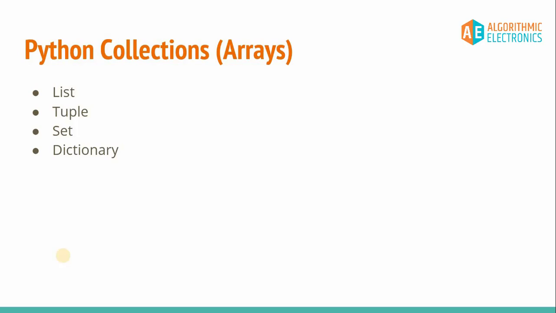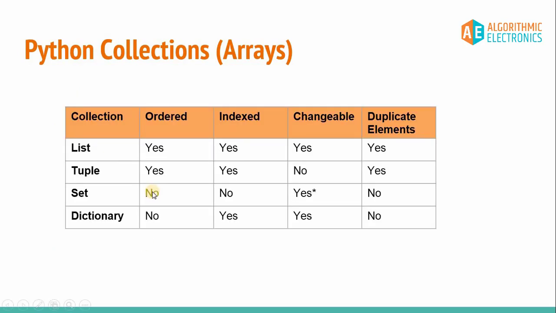And the dictionary is a collection which is unordered, changeable and indexed, with no duplicate members. What we mean by ordered, changeable, allowing duplicates and indexed, we'll discuss. But first I'll have a table in which I can give some properties of the Python collections.